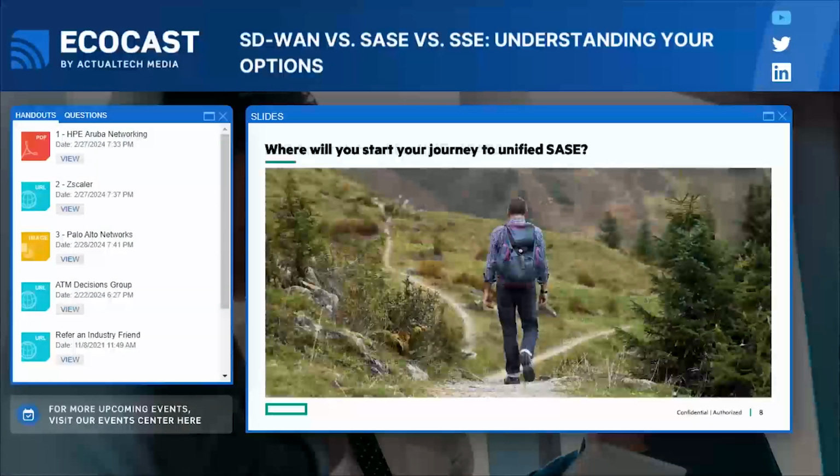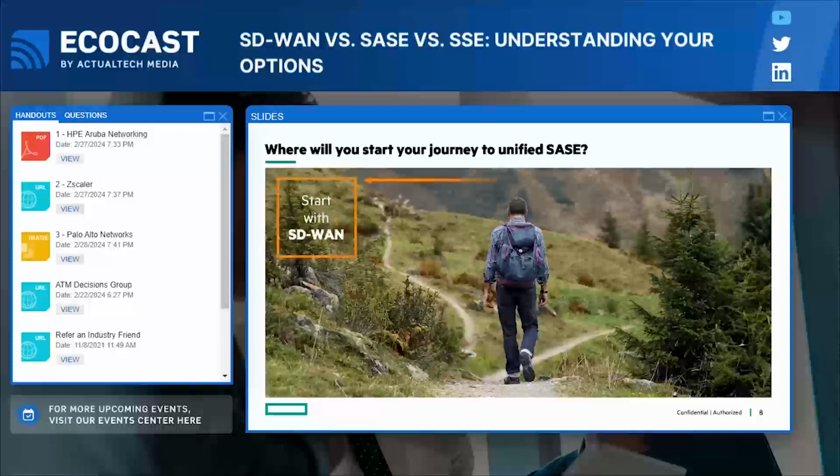All right, as Jay mentioned, SASE, it's a journey, but every journey has a starting point. Where to start? Based on feedback from your peers, it's SSE. 67% of the respondents in the 2023 Security Edge report said that they're starting their SASE journey with SSE. Why?